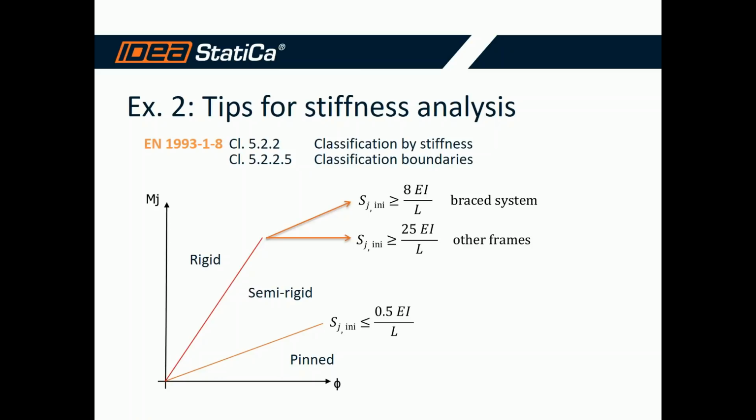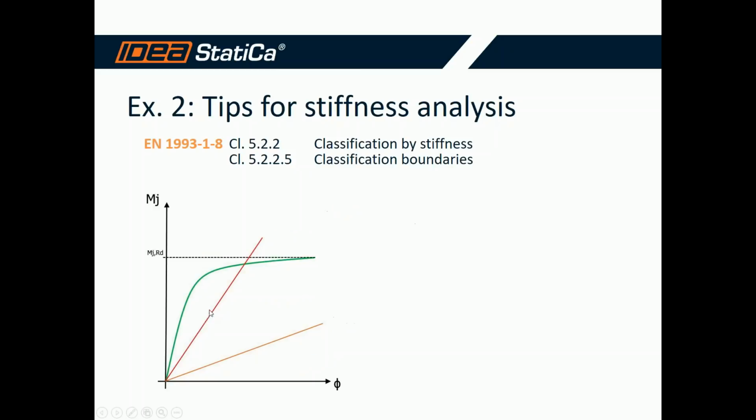The joint can be classified as pinned, semi-rigid, and rigid. How can we do that? The analysis gives us the dependence of the joint rotation on the bending moment, which is this green curve. The limit value of capacity of the connection is for the 5% equivalent strain for the plates, then 2/3 of this limit value, and the initial rotational stiffness or tangent rotational stiffness is defined like this.